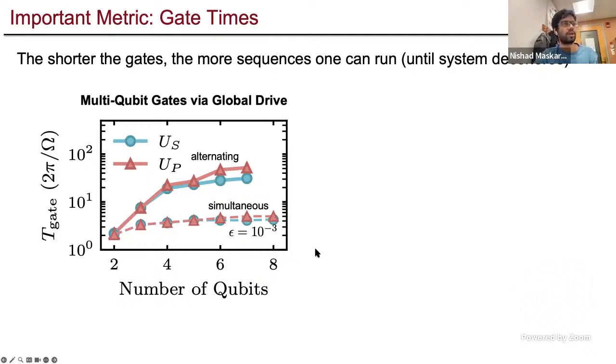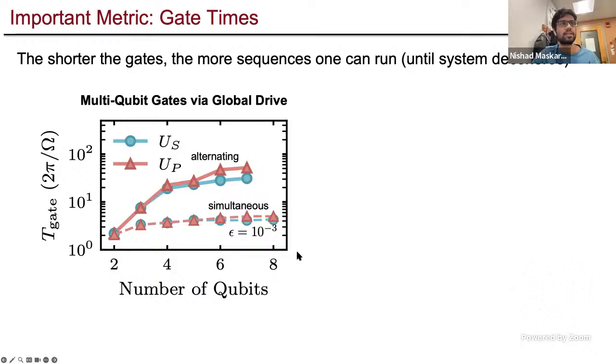And when we run this numerical optimization procedure, we find that the gate time actually scales much more slowly when we use simultaneous driving compared to the case where we don't, where we just drive one transition at a time. And in particular, we see that the scaling with the number of qubits is roughly constant as a function of the cluster size, which is an interesting observation that we see numerically, but we don't have a full theoretical understanding of yet.